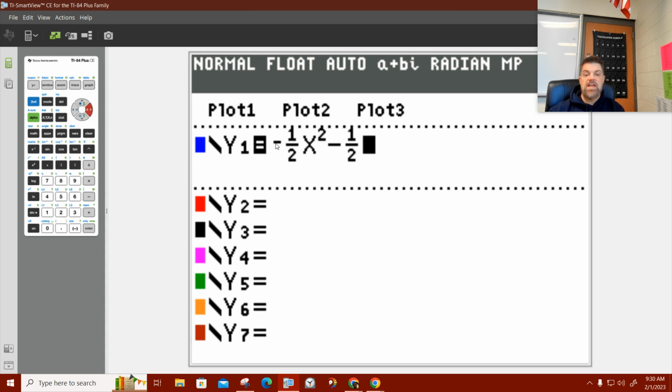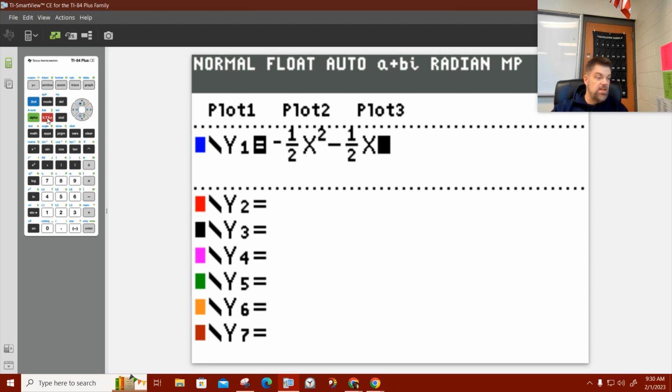Notice that I put a negative symbol here, and a minus symbol here. If you make a mistake and put the wrong symbol, you'll get a syntax error. That just means you have a minus sign when you should have a negative, or vice versa. Okay. Anyways, x plus 4, I think, right?